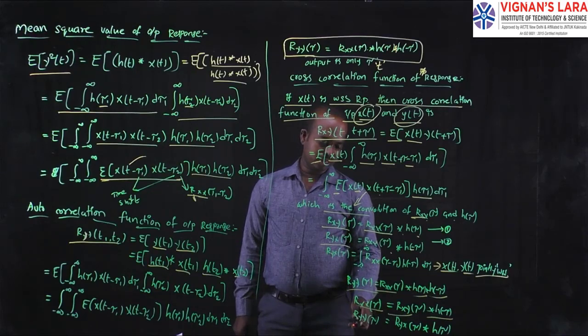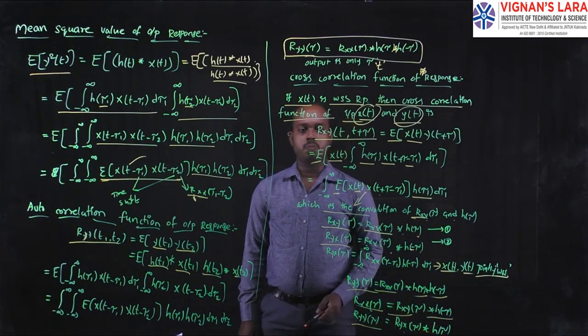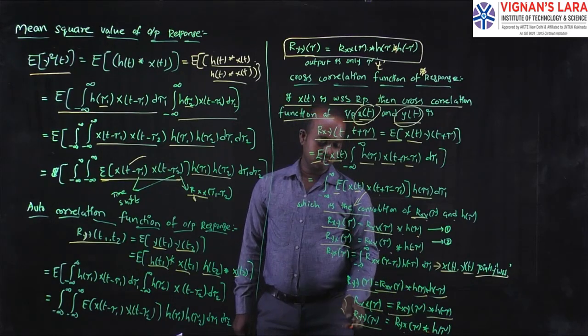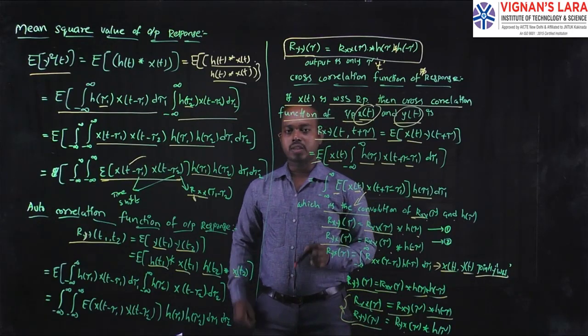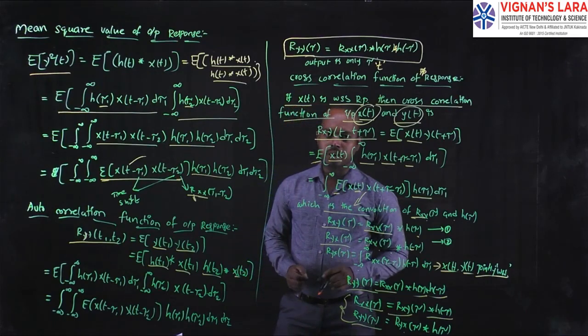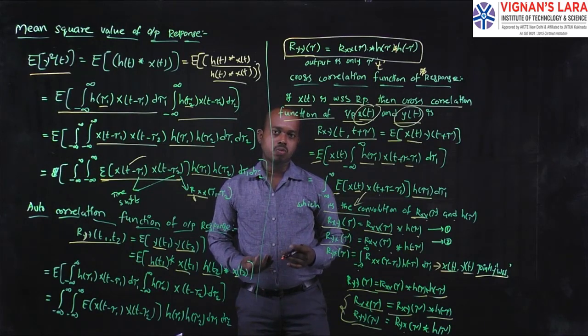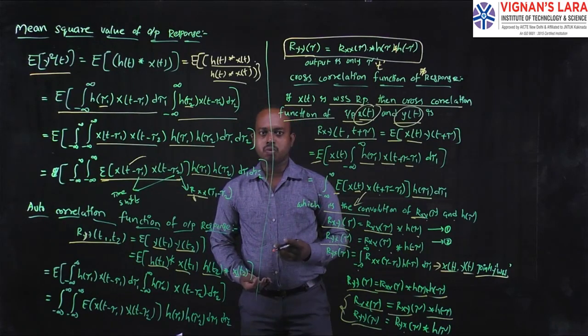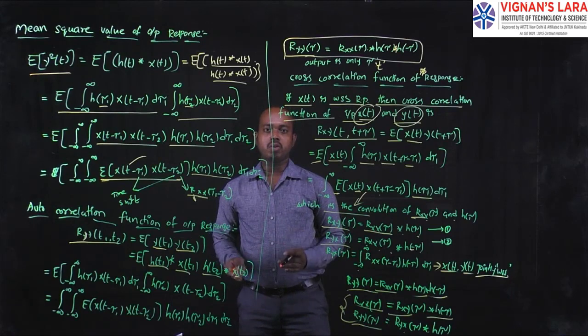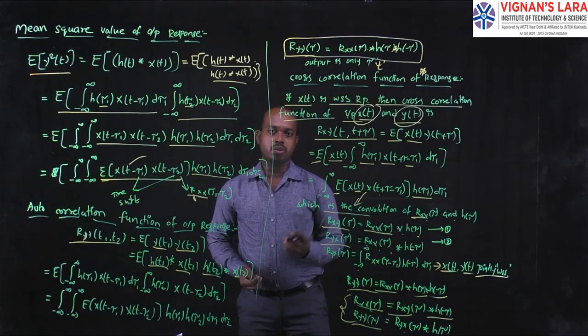Finally, Ryy of tau is equal to Ryx of tau convolution with h of tau. This represents the final output response when applying the cross correlation function as input to your system. You can simply remember: when you write the cross correlation function, you represent it in terms of convolution, and the convolution product term represents the output response of your system.